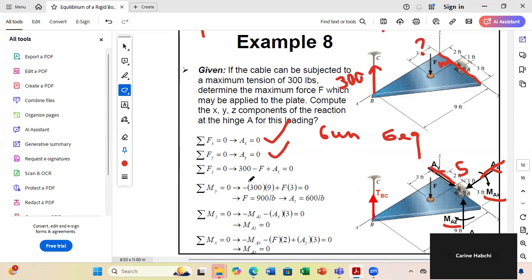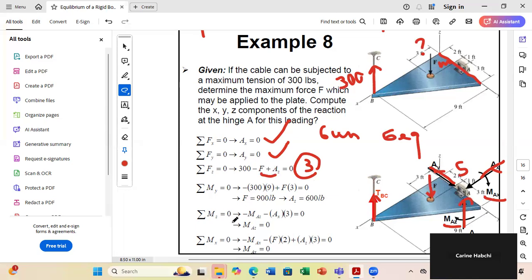Now, along Z I have several forces. Plus T_BC, which is 300, minus F to calculate, and plus A_Z equals 0. This is equation number 3. But in this equation, I have 2 unknowns. So I need to continue further to solve this equation.